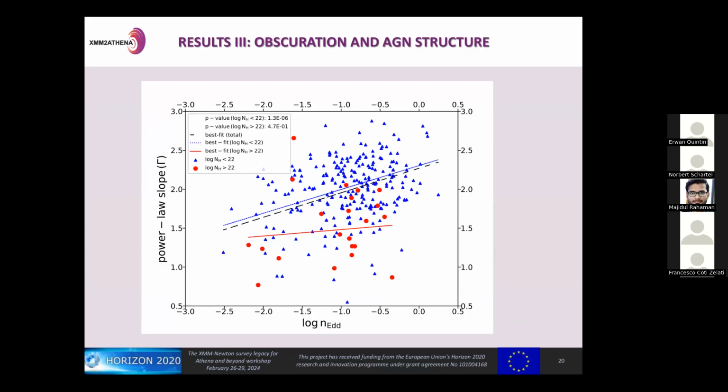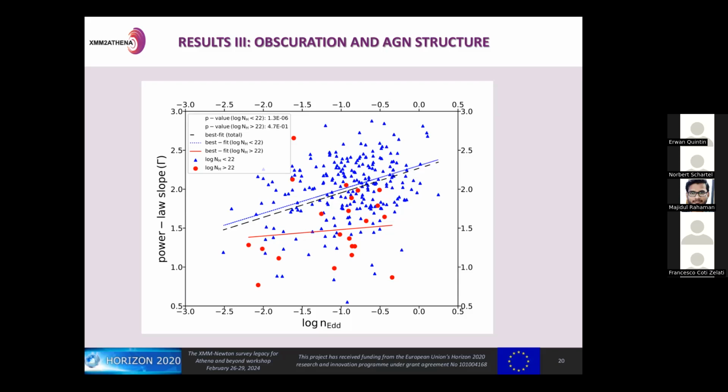And for the total population, we find a good correlation between the two parameters. But when we split the sources into sources with low NH, shown in blue, and high NH, shown in red, we see that this correlation is not there for sources with low NH values.